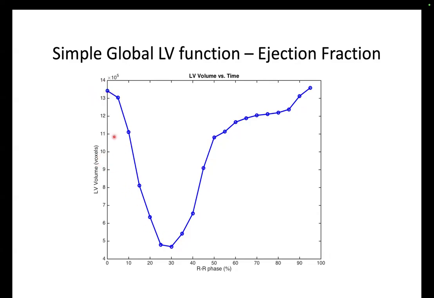And this is what happens. This is in voxels. So we've got, basically, 14 times 10 to the 5 voxels inside the left ventricle. And over time in systole, we reduce the volume. We sit there.